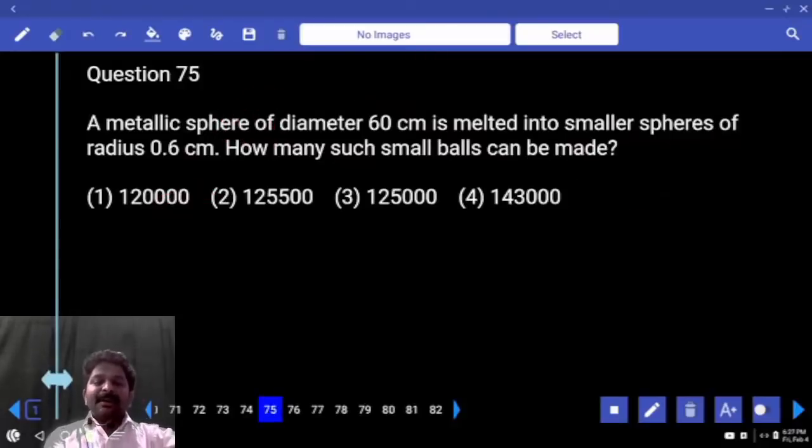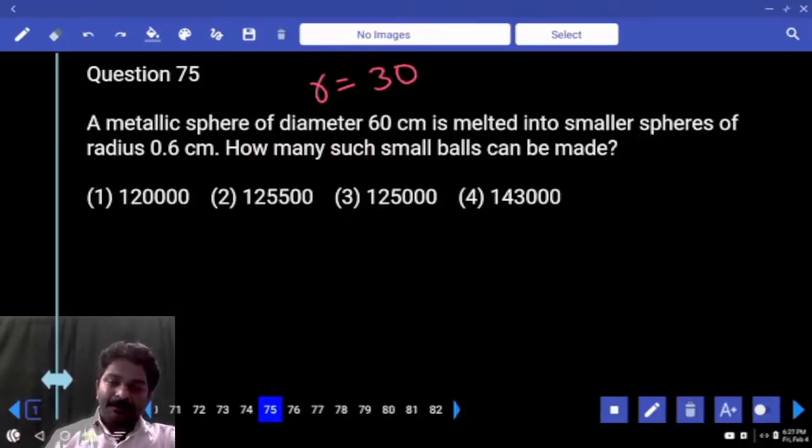A metallic sphere of diameter 60 centimeters, then radius is equal to 30, is melted into small spheres of radius 0.6 centimeters. How many such small balls can be made? So when you melt something and make a few other spheres, what must be the same? Volume must be the same.